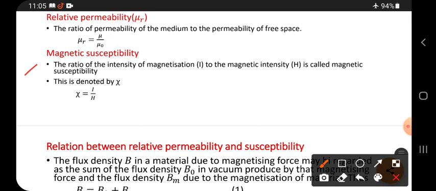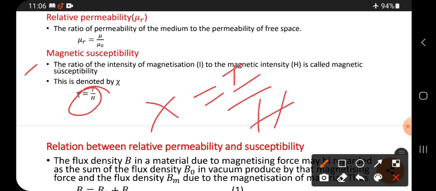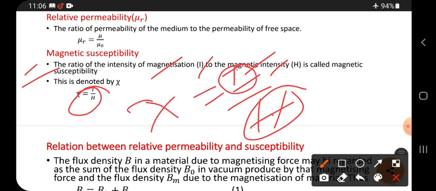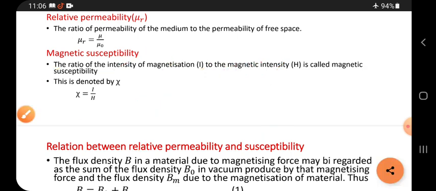What is magnetic susceptibility? Chi is equal to I by H. It is the ratio of intensity of magnetization to magnetic intensity. Magnetic intensity means H, intensity of magnetization means I, and I by H is called magnetic susceptibility.